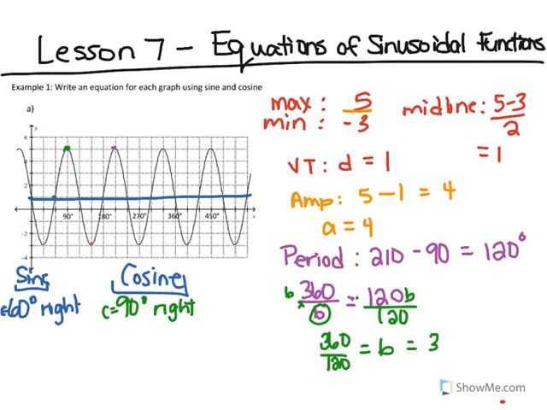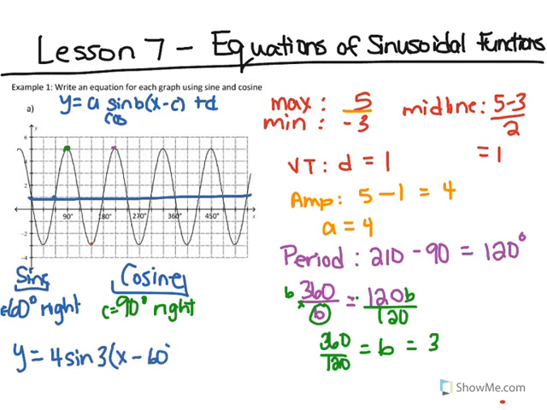So now we're just going to write our equation, and remember y is equal to a sine or cosine b bracket x minus c plus d. So for our sine function, it's going to be y equals, our a value is 4, sine, our b value is 3, x minus 60, our c value for sine is 60, plus our d value, which is 1.